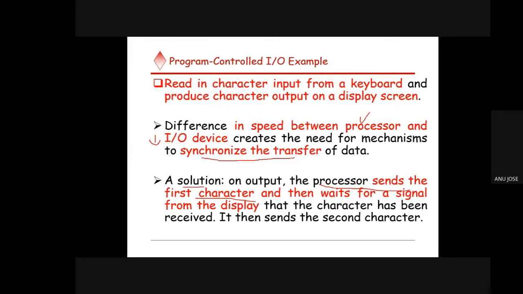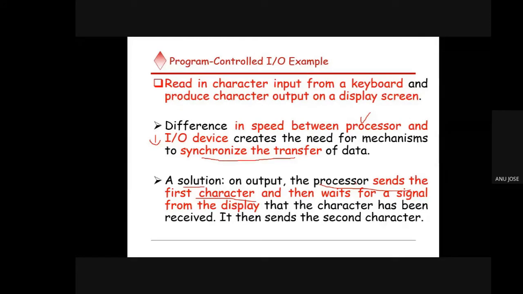One scheme of doing this, because of the speed mismatch, is that the processor will send the first character to the output device and wait for a signal from the output device that it has received that first character. Then if the processor gets a signal back from the output device, it will send the second character.